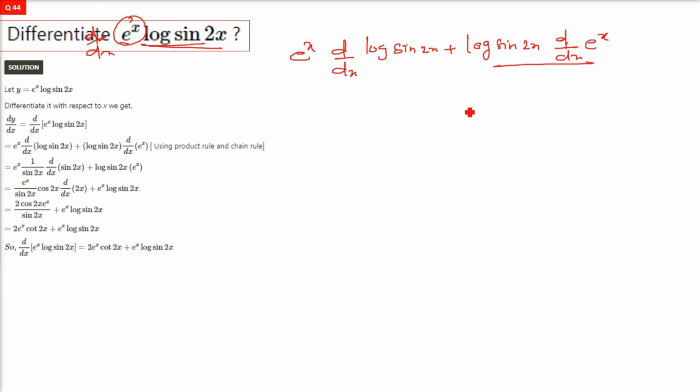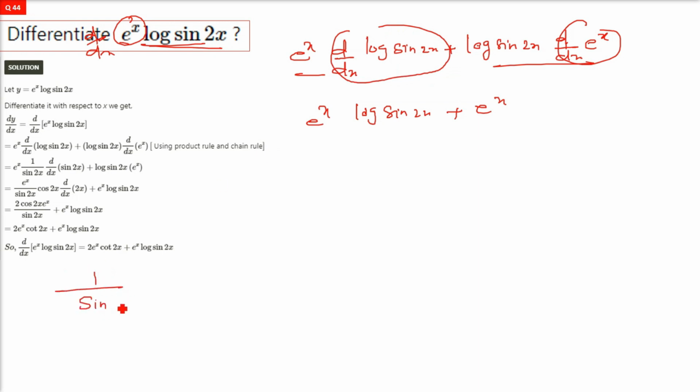Now this term, see, d by dx of e to the power x will be e to the power x. So I am writing the second term first. E to the power x and log sine 2x will be log sine 2x. Then this is e to the power x and d by dx of log sine 2x. Now for log sine 2x we will apply the chain rule here. Log theta gives 1 by theta. So you have 1 by sine 2x, and then the derivative of sine 2x is cos 2x, and then 2x again.